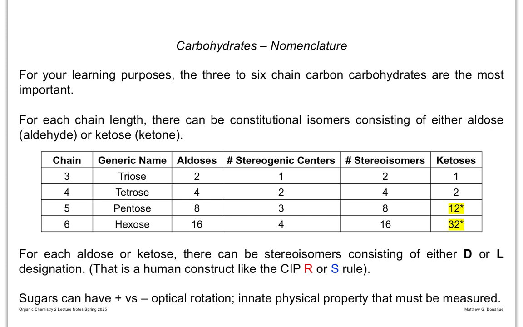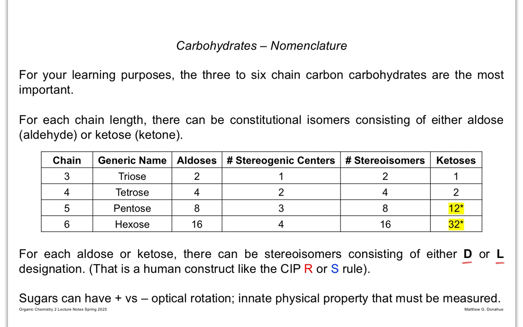So important for us to know are these historical designations that are used, big D and big L. So that refers to a very specific carbon on the chain. But keep in mind, for your standard nomenclature rules, you use R and S. So that's the assigning priority.